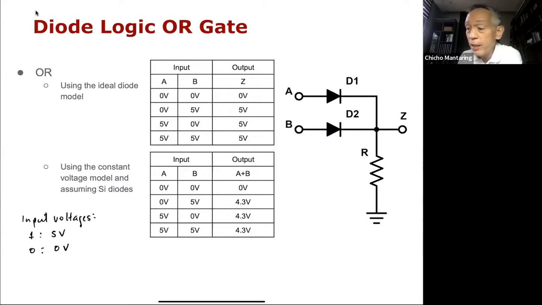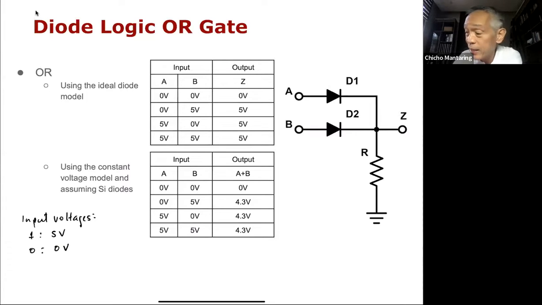But the ideal model is poor to use in logic circuits. The reason for that being, the voltage drop across your diode is comparable to the voltages that you apply in your circuit. We said when we introduced diodes before that you only use the ideal diode model when the voltage drop across your diode is insignificant compared to your other voltages.